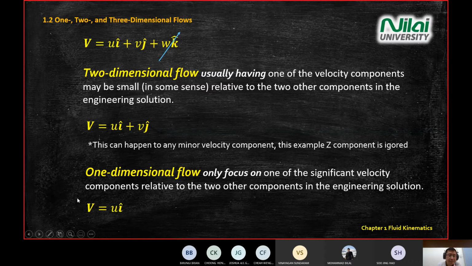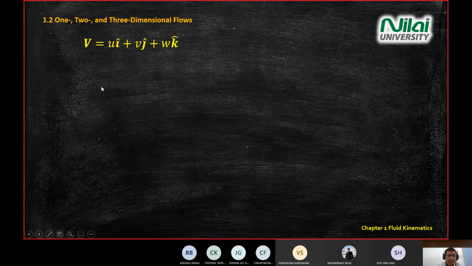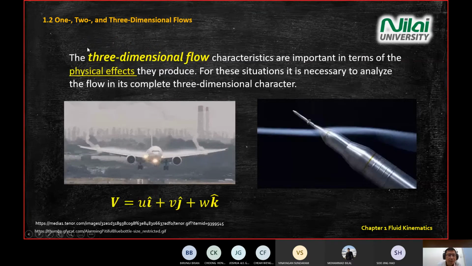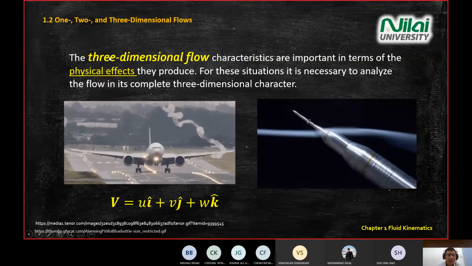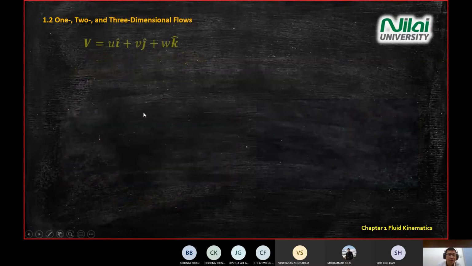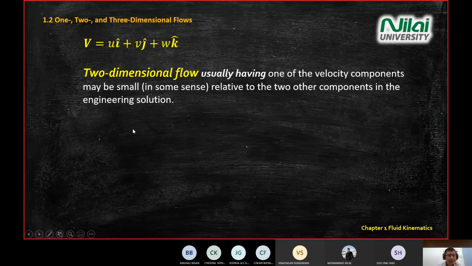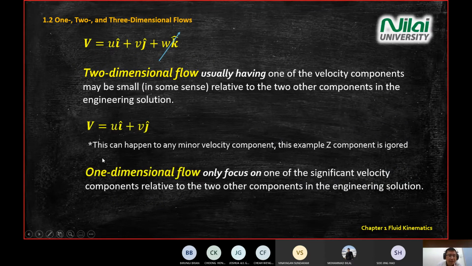I give you an example. Here we only have one vector form in the x component, ui hat. Then this vector form is a one-dimensional flow. So you have to have a basic understanding of the keywords. When you see three-dimensional flow in a question, it means something; when you see two-dimensional flow, it means something; and one-dimensional flow, it means something.